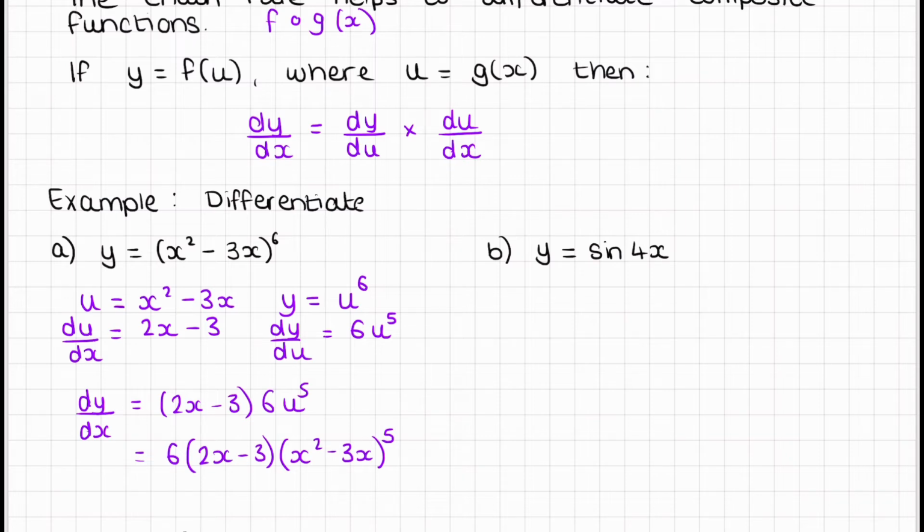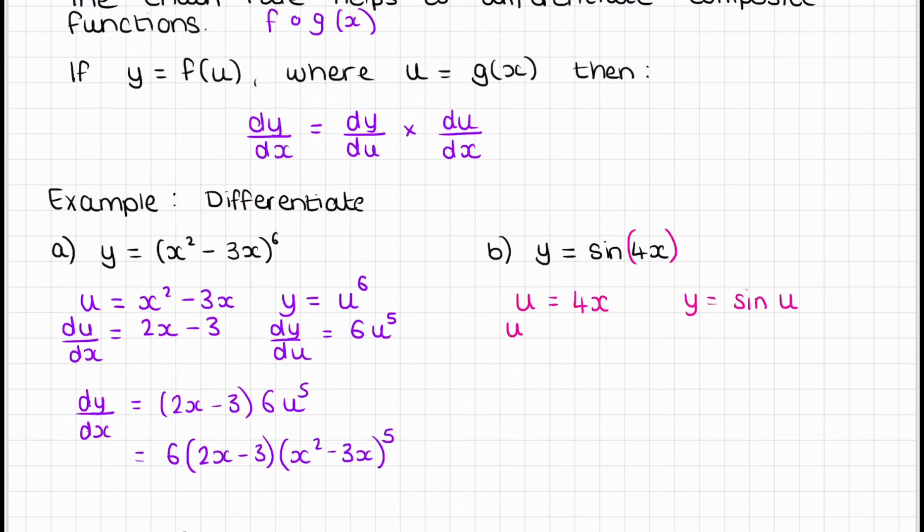Part B, y equals sine 4x. First step, find our u and y functions. u will be the inside part, so with sine 4x, we can imagine the brackets there, which means the inside function is 4x. With the u, the hint is it's always the part with the x in it, or the variable we're differentiating against. And then y would just equal sine u, where we replace the 4x with u.